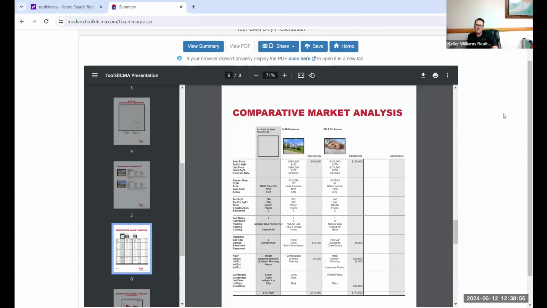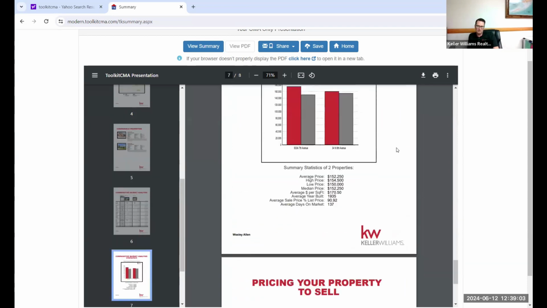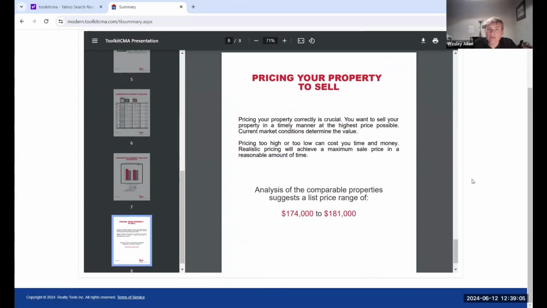And the thing about a CMA is, so scroll down to the bottom where it had the price range. When you bring your CMA to your client, you say, all right, here's my suggested range, 174 to 181.